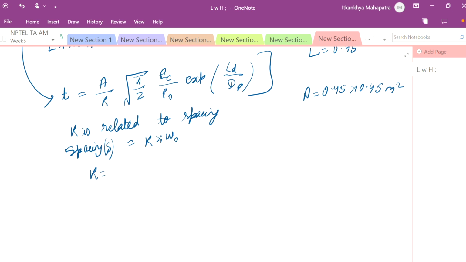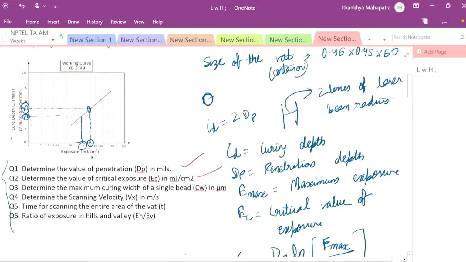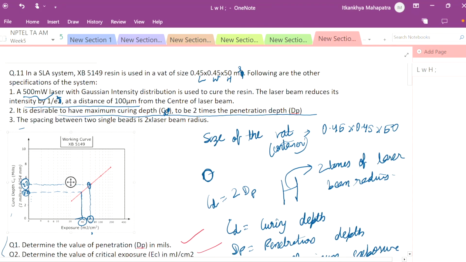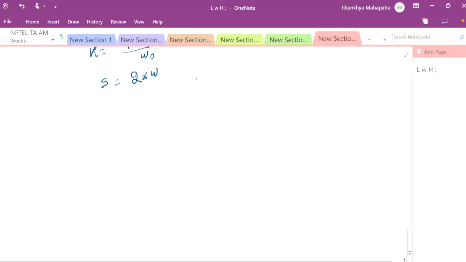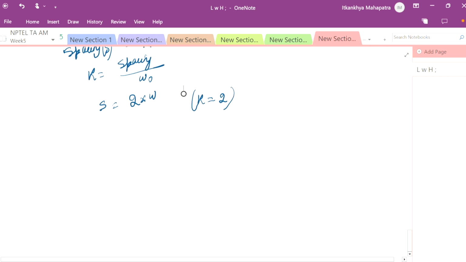So K is equal to spacing by W naught, or S is equal to 2 into W. In point 3 of the question we are given that the spacing between two single beams is 2 into laser beam radius. So according to this, K is equal to 2.